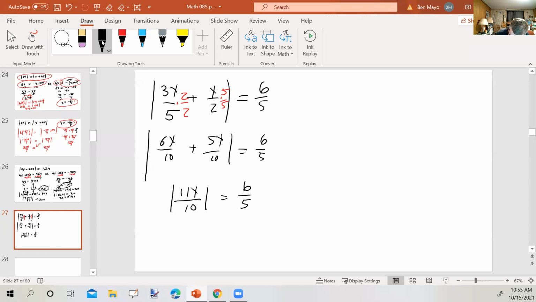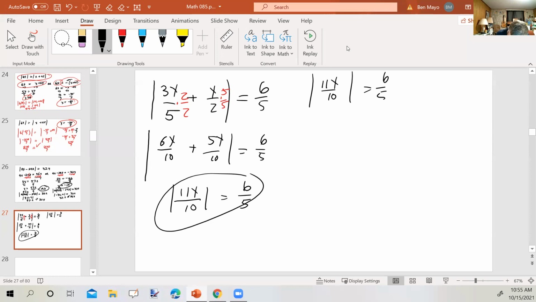So now let's start over and say, okay, we've got the absolute value of 11x over 10 equals 6/5. So 11x over 10 equals 6/5, or 11x over 10 equals the opposite of 6/5.